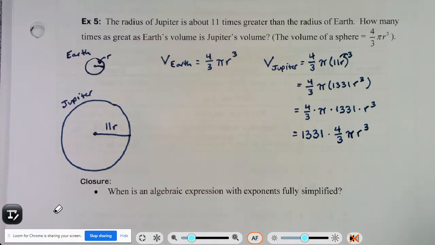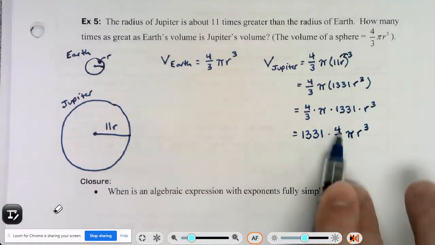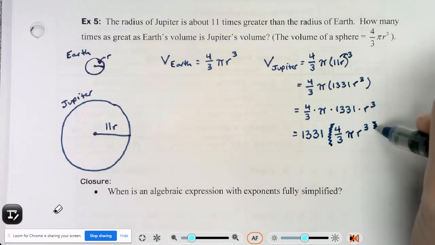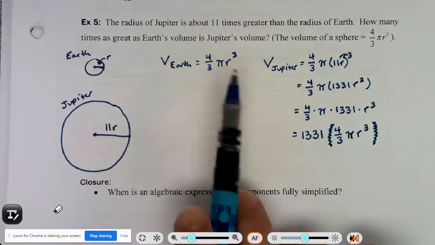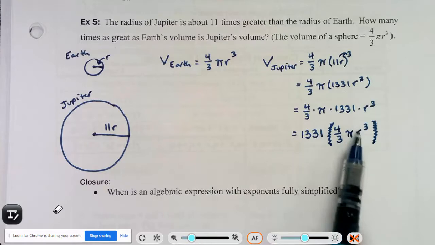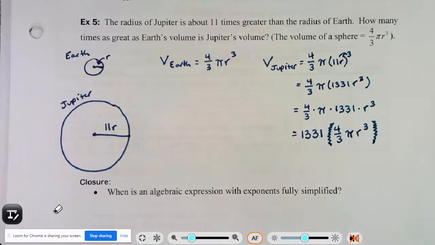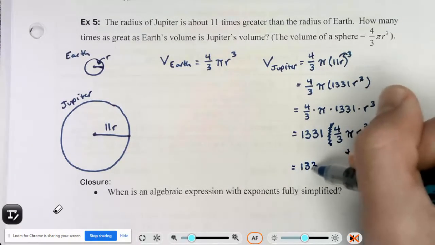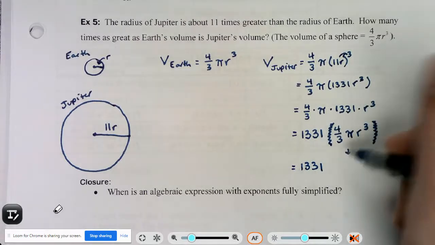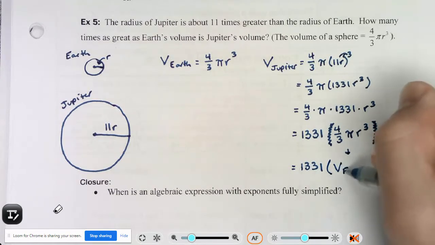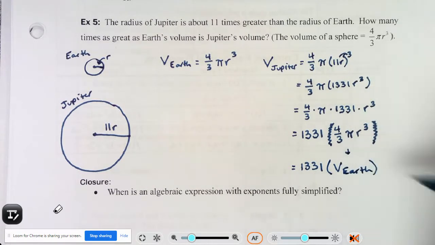Well, 4/3 pi r cubed, that expression right there probably looks a little bit familiar, because that is the same as Earth's volume, based on the radius just being r. So we're going to replace this whole term with what the volume of Earth is.